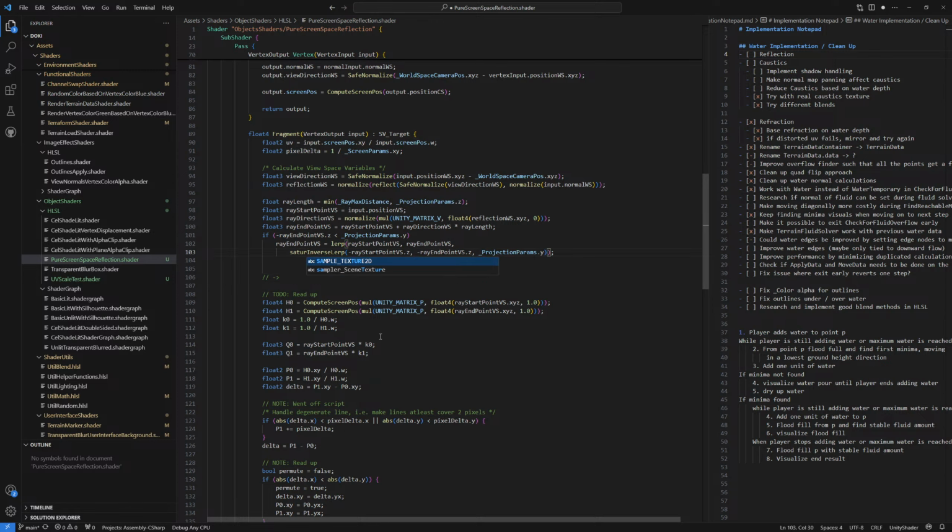Might want to saturate. And let's see. Hit pixel. Oh, this is so fucked.